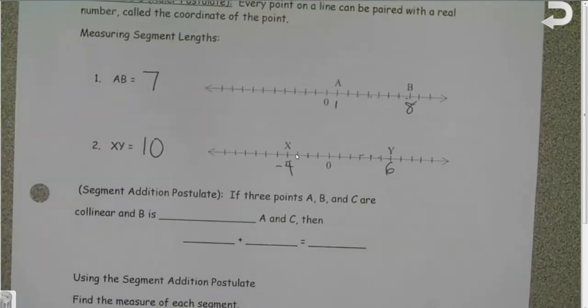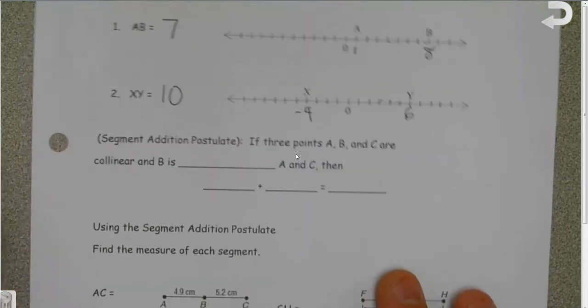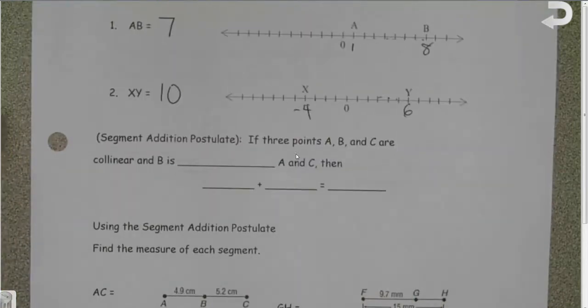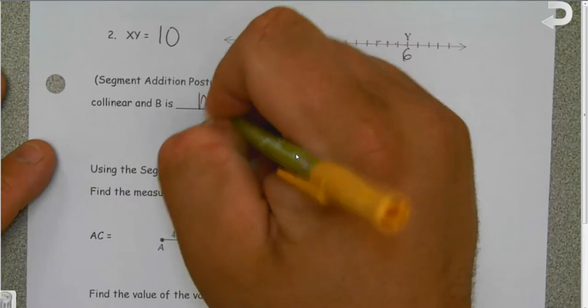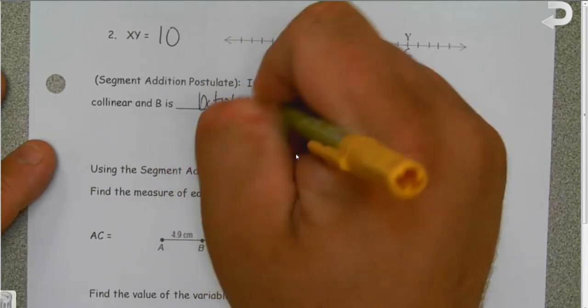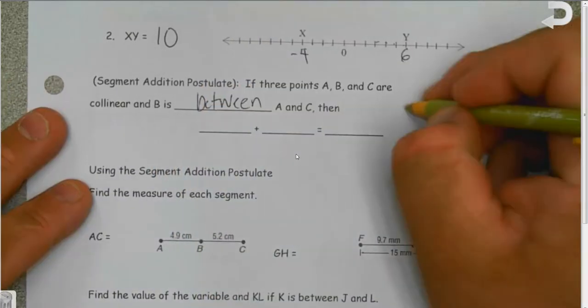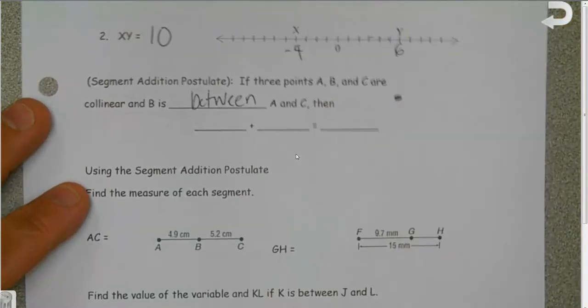But where this comes into play for geometry is that we can break segments apart and then put them back together. If I have a line segment with 3 points, A, B, and C, and B is between A and C, before I do anything, let's go ahead and just draw a picture. It's my number 1 rule to follow.